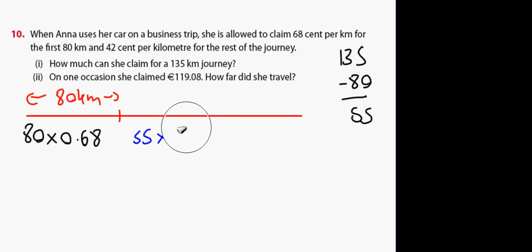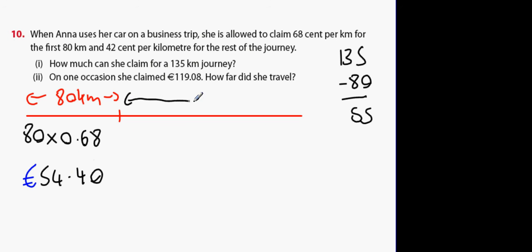How do I know for certain we went over 80 kilometers? Exactly. The full journey cost me more than 54.4. This means I most certainly went over 80 kilometers. Now, I don't know how much longer we went, so I'm going to call this X.